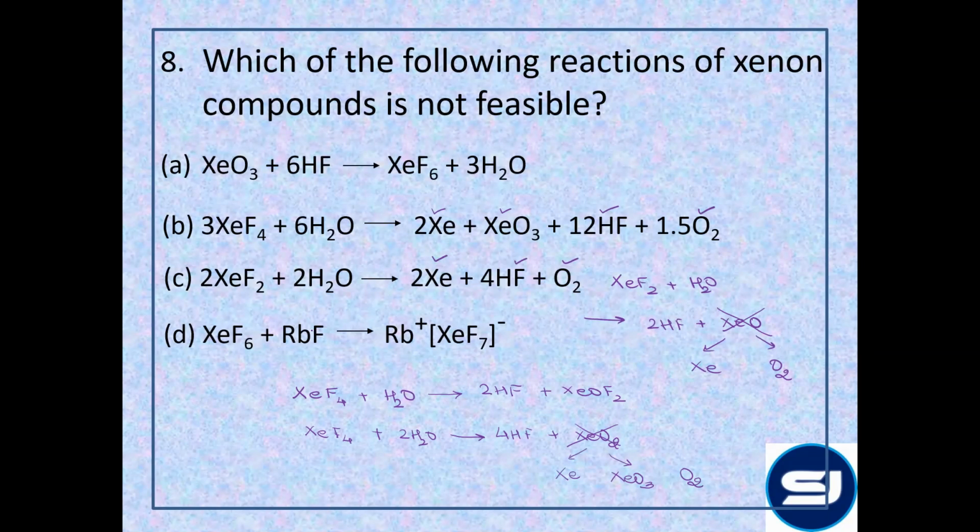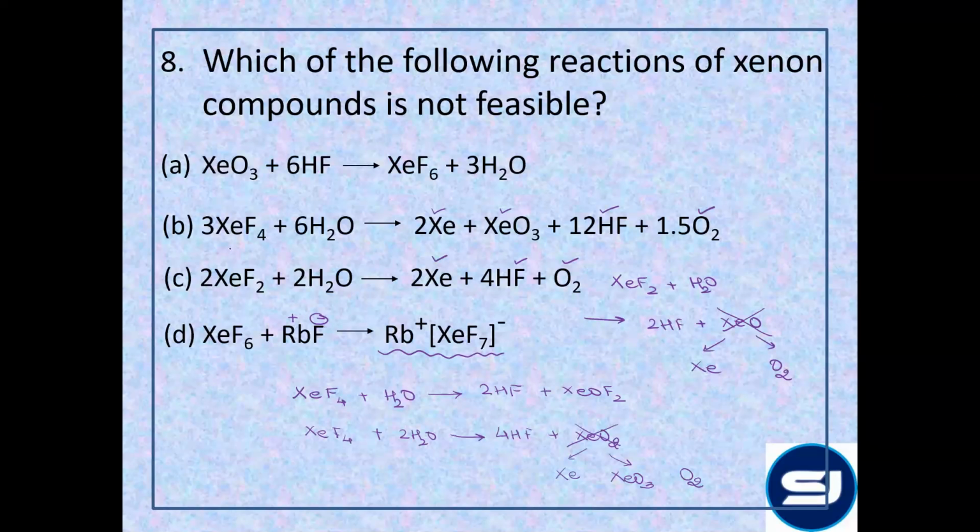And last reaction अगर देखोगे ये भी feasible है, because xenon hexafluoride, whenever it reacts with a metallic fluoride, the metallic fluoride becomes a fluoride donor, and the XeF6 can accept the fluoride from it to form XeF7 1 minus complex. फ्लोराइड एक्सेप्टर और फ्लोराइड डोनर का कॉन्सेप्ट देखो एनसीईआरटी में दिया हुआ है, नोट्स में भी.